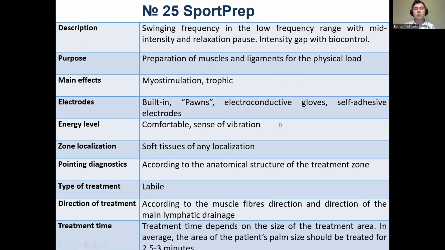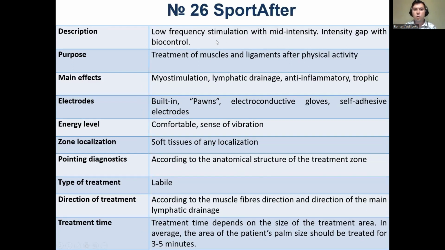And also, we have two quick, super easy to use presets that are sport prep and sports after, number 25 and 26. They have a pretty obvious aim: preparation of muscles and ligaments for the physical loads, or treatment of the same muscles and ligaments after physical activity.